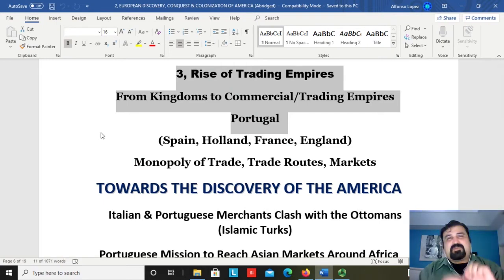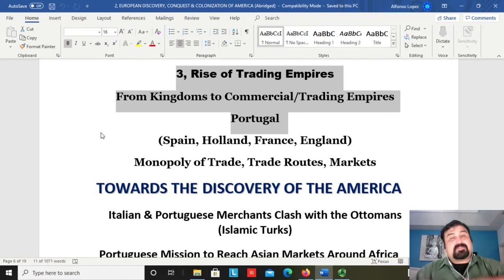We mentioned that under feudalism, the monarchies were simply collecting tribute from the peasantry in order to run the kingdom. So those kingdoms did not really grow very much during the feudal age. They just didn't, because there was not a lot of revenue coming into the treasury. It was just agricultural products that every year those monarchies were collecting in tribute.